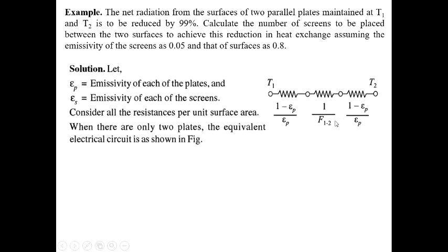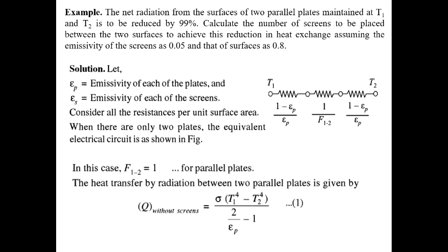Because these are parallel plates, F12 equals 1. So we can write Q without screen equals sigma T1 to the power 4 minus T2 to the power 4 divided by 1 minus epsilon p by epsilon p plus 1 by F12 plus 1 minus epsilon p by epsilon p. If we simplify, this is 1 by epsilon p minus 1 plus 1 plus 1 by epsilon p minus 1, which becomes twice into 1 by epsilon p minus 1.